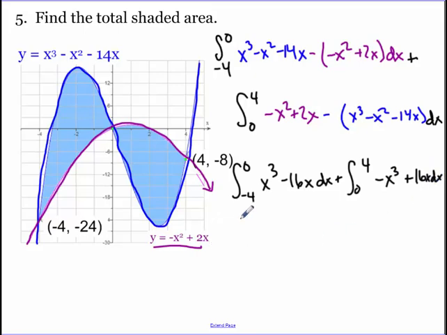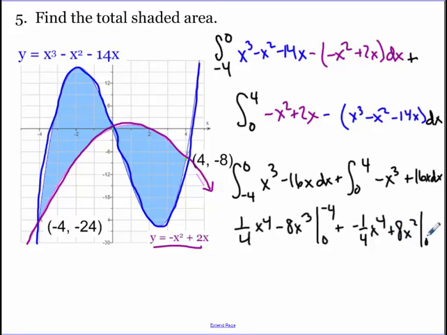Finding each one of those integrals, we have 1/4 x to the 4th minus 8x squared from 0 to -4. We're going to add to that our negative 1/4 x to the 4th plus 8x squared from 0 to 4. Plugging in all our numbers, I'm not going to go through that with you, we get 128.